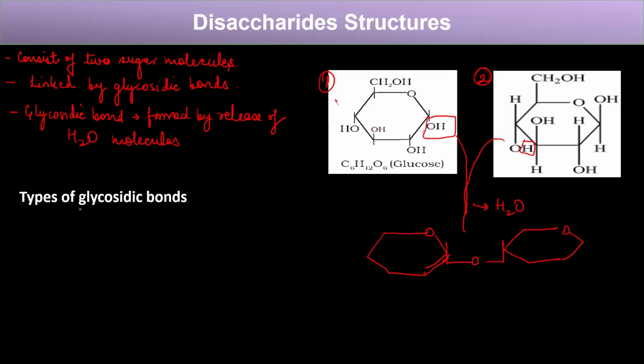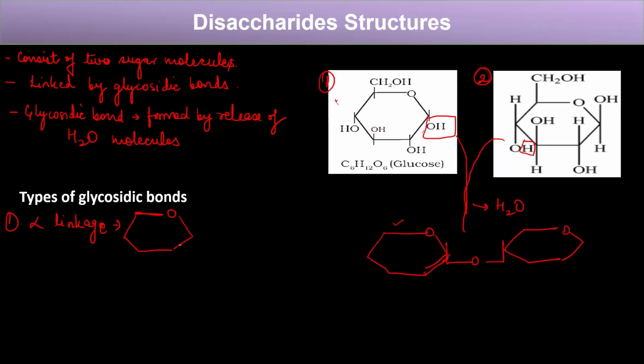Now, if we talk about the types of glycosidic bond, we have two types. The first type is known as the alpha linkage, or alpha glycosidic bond. The alpha linkage will look something like the structure that I have drawn. From where will it be formed? Suppose both of the sugar molecules are alpha.